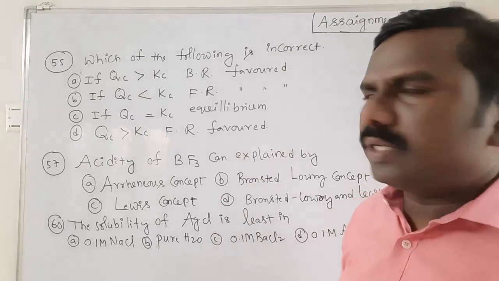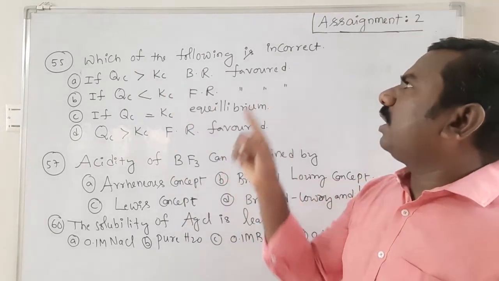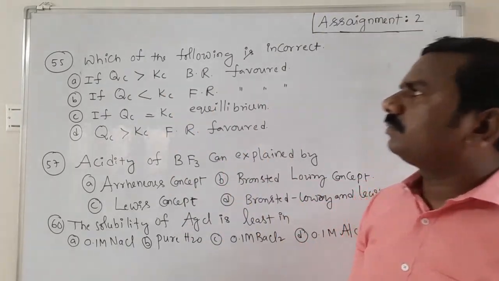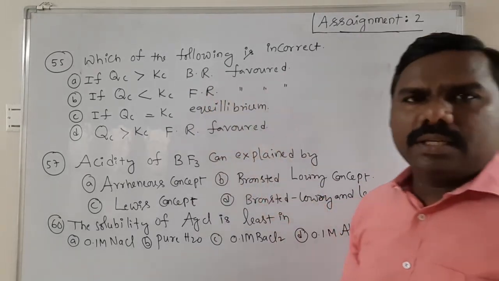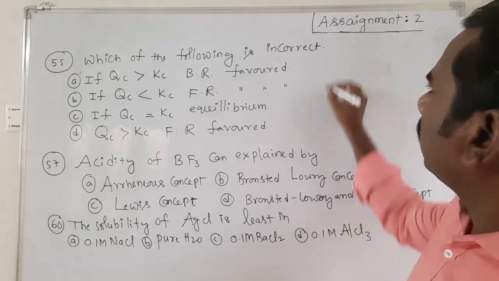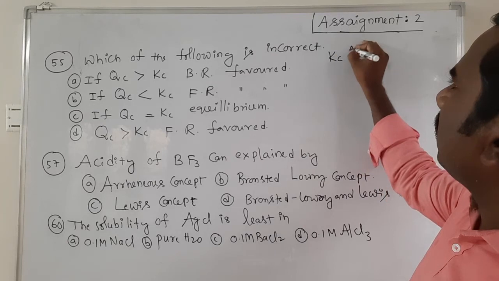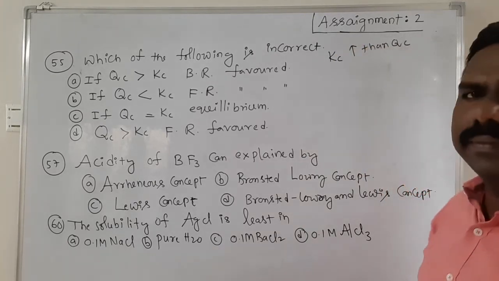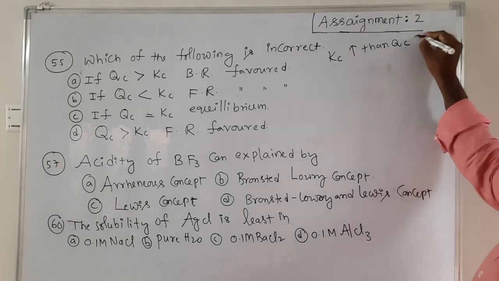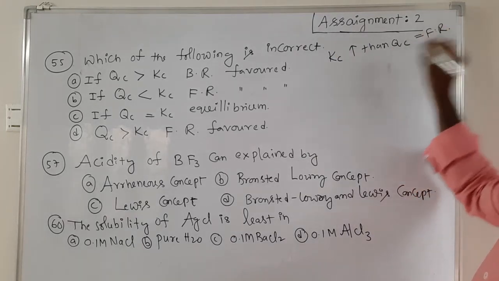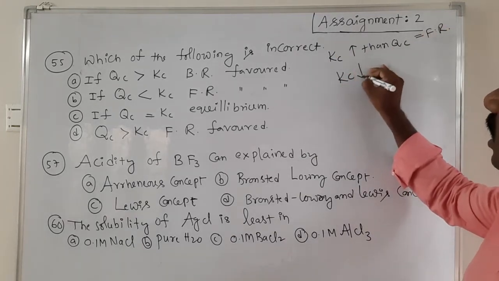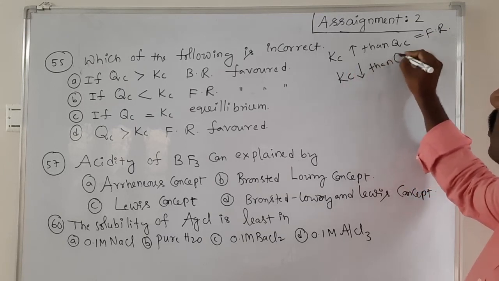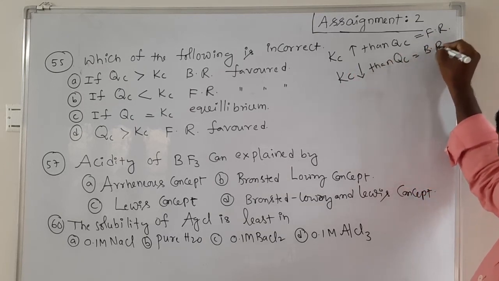Okay, next bit. Which of the following is incorrect? So the Qc Kc relation, students. Kc higher than Qc, first of all remember, is the forward reaction. Kc lower than Qc is the backward reaction.